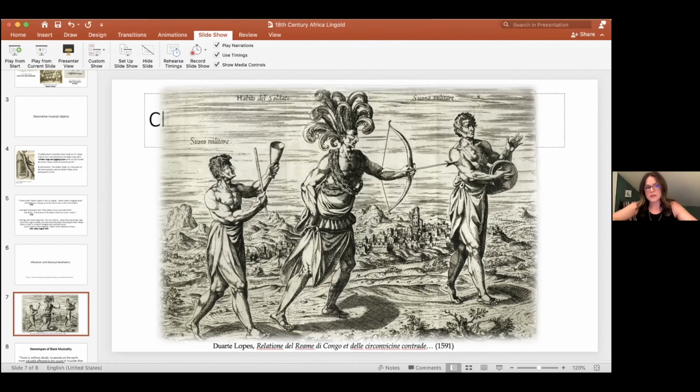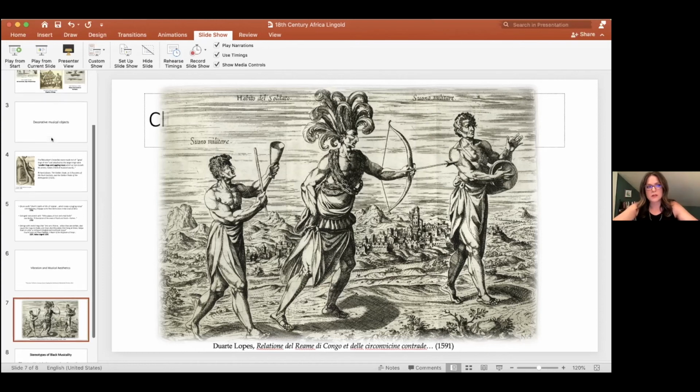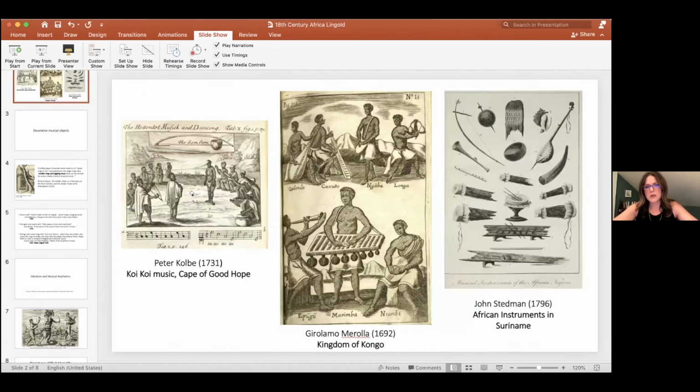So it's pretty interesting. One reason I really like the Marola image is, and one of the reasons I rely on a lot of these 17th century sources is, because by the 18th century, representations become so much more thickly laden with prejudice and racial stereotypes, and the iconography is more exoticizing.